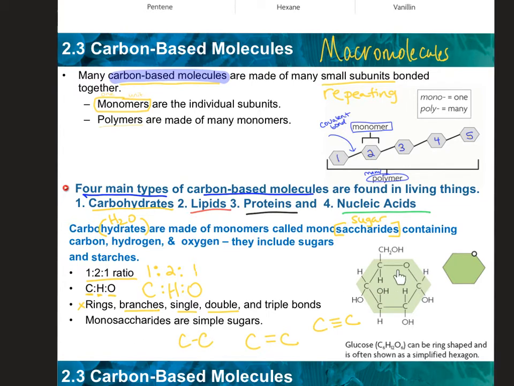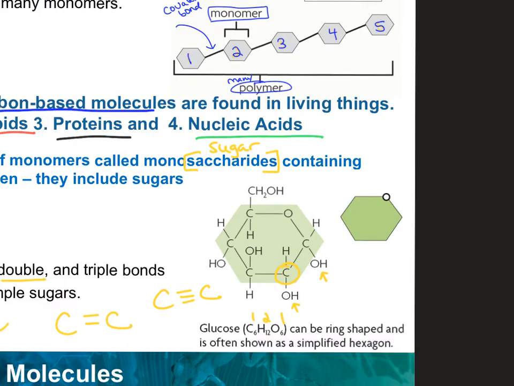And we have an example of a monosaccharide right here. And this monosaccharide is glucose, C6H12O6. And glucose, with that formula, C6H12O6, has that same 1-to-1 ratio. So for every 1 carbon, I have 2 hydrogens and 1 oxygen. So this is the basic structure of a ring-shaped monosaccharide.